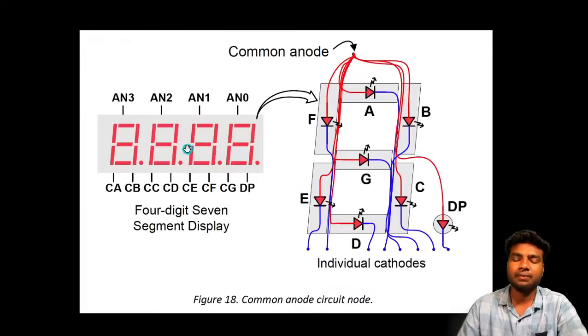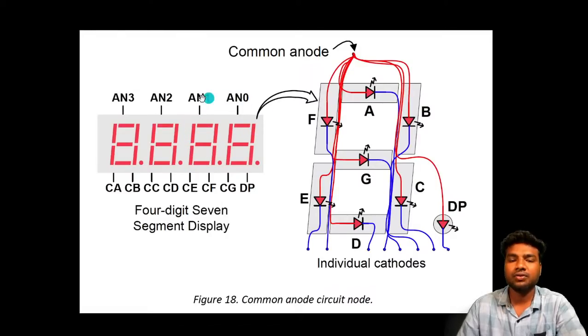Multiplexing is the main important thing. With some particular clock, if you are using your FPGA board, you want to first see some values in the first segment, and then move to the second segment. We can't do it all at a time.